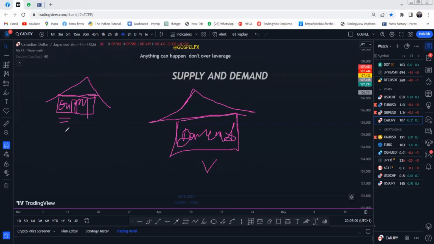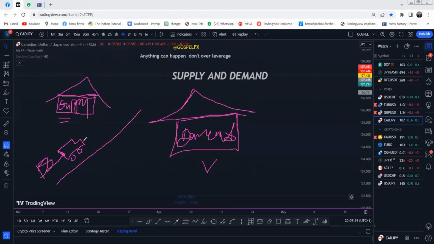Let's say demand is pushing a car up a hill like this, and supply does not want that to happen.